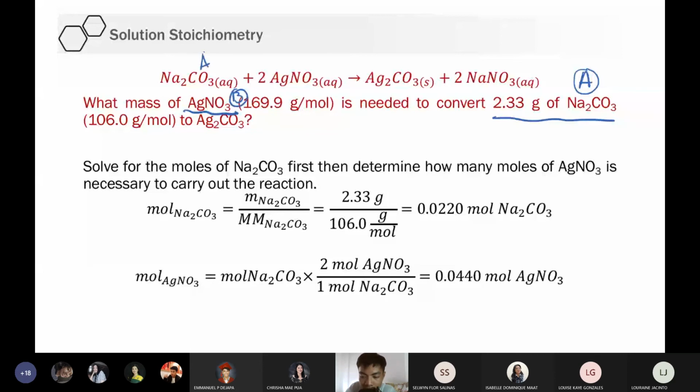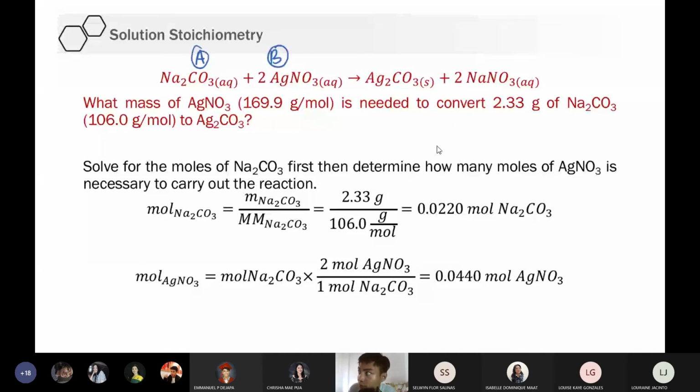Ang desired ko ay silver nitrate. Don't confuse yourselves. Baka ang kunin mo is yung silver carbonate. Hindi yan yung hinahanap. Ito yung hinahanap talaga. Okay? So again, this is your given. This is your desired. Not the silver carbonate. Okay? So anong gagawin nyo?